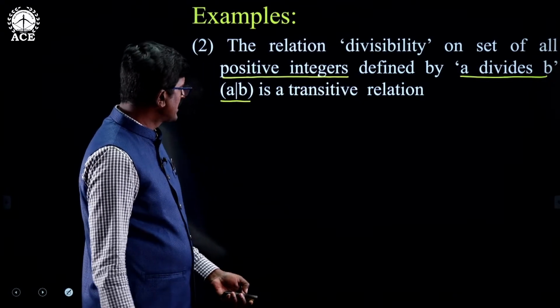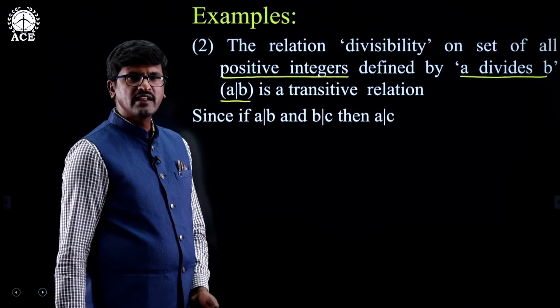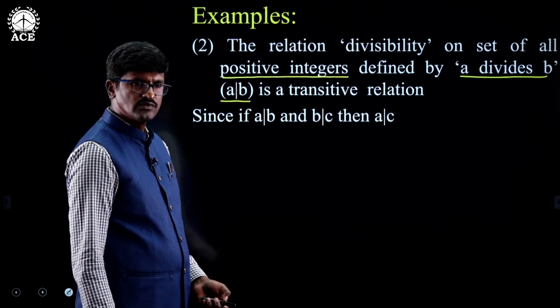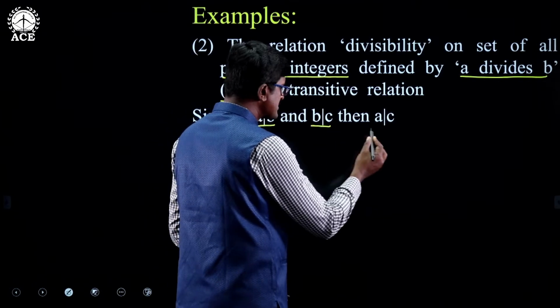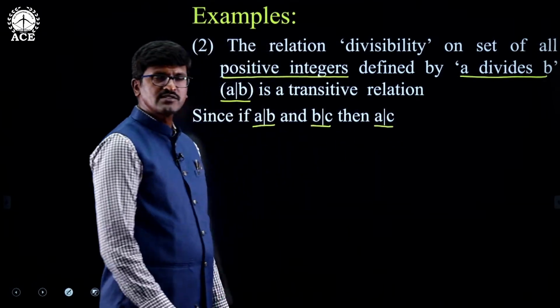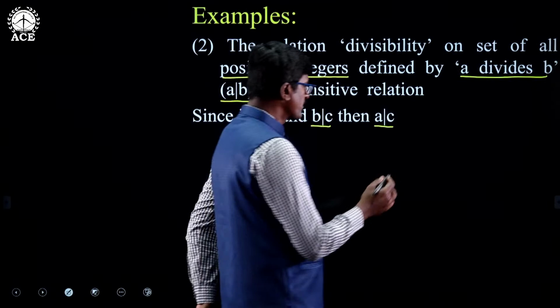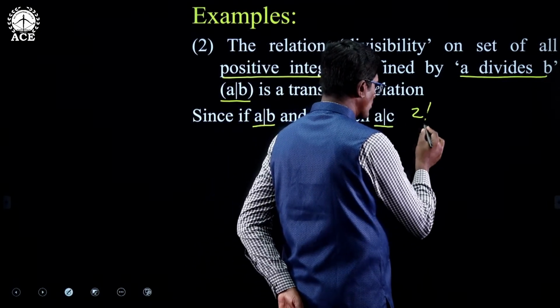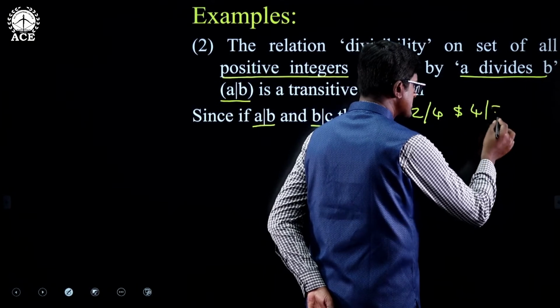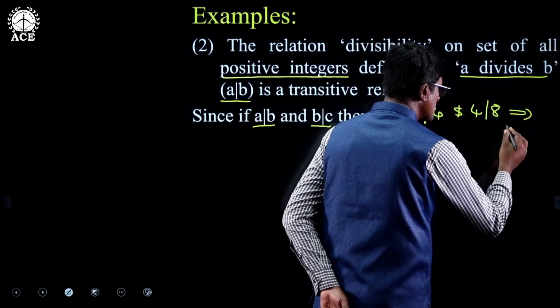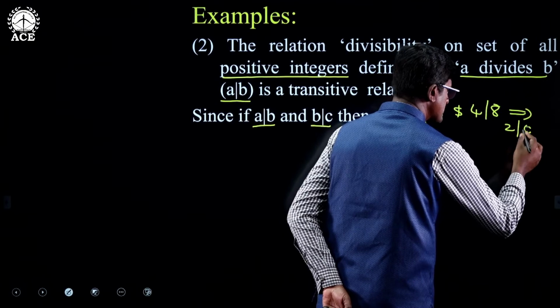If you take the divisibility relation, this is also a transitive relation. The reason is, if A divides B and B divides C, then A must divide C. For example, 2 divides 4 and 4 divides 8, which implies 2 divides 8.